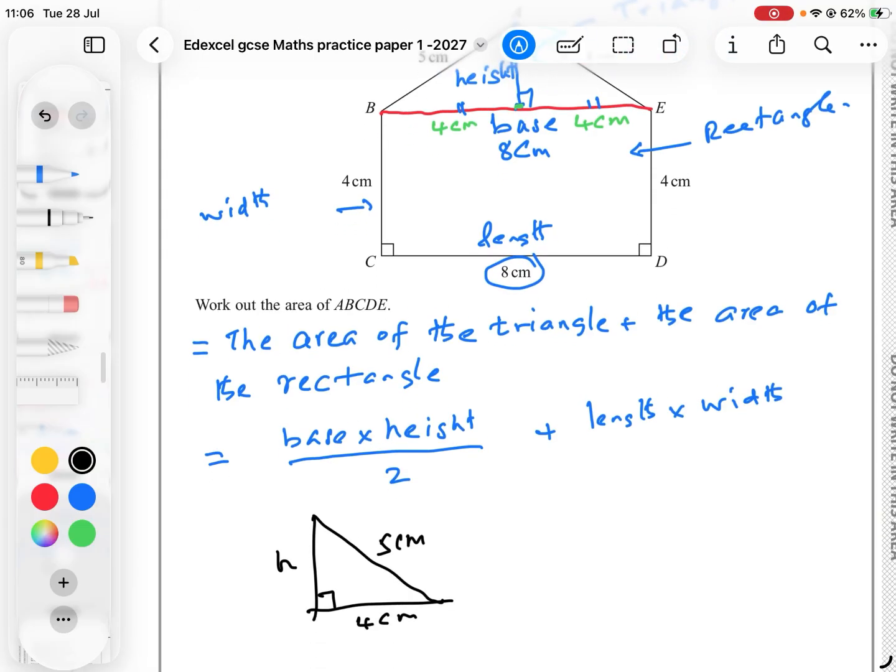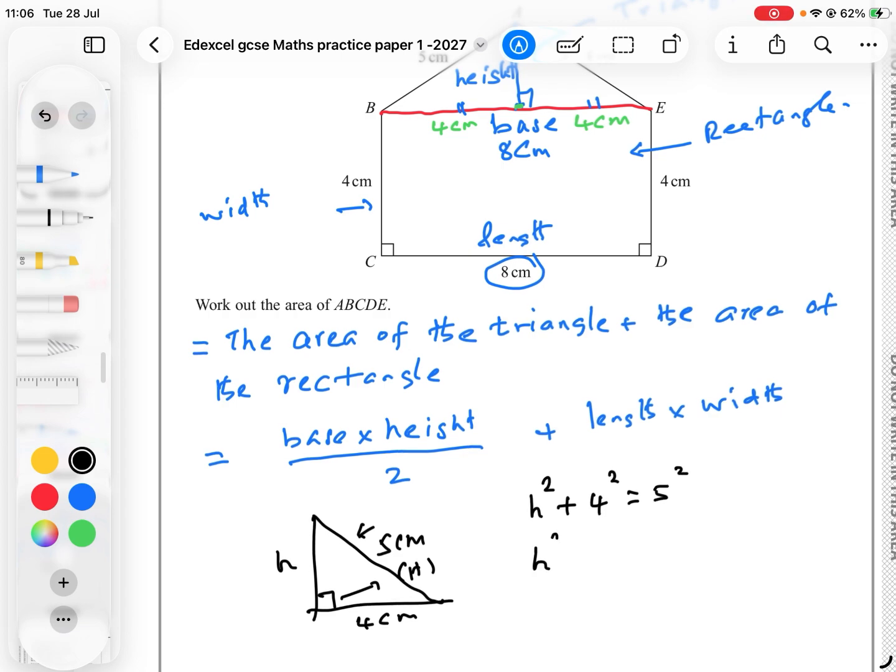This one is the hypotenuse, opposite the right angle. So that's the biggest side of the right angle triangle. So h squared plus 4 squared equals the bigger side, 5 squared.